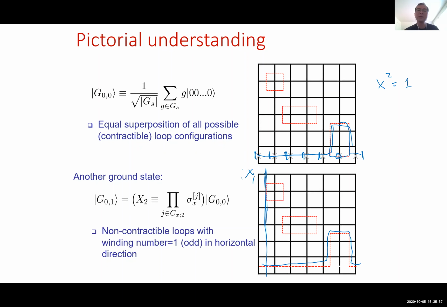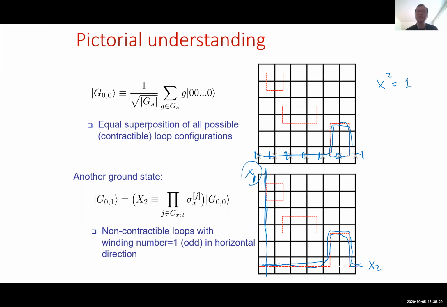No, so we apply the logical X on the first qubit, and this is a logical X on the second qubit. No, I mean if we apply the same logical X. Yeah, then it's identity if you apply it twice. But we can also have 2 winding loops. How do we identify? There's only even and odd, right? I mean, how do you count? This will be that, and that's just one winding number. But if we apply X twice, then we have 2 winding now.